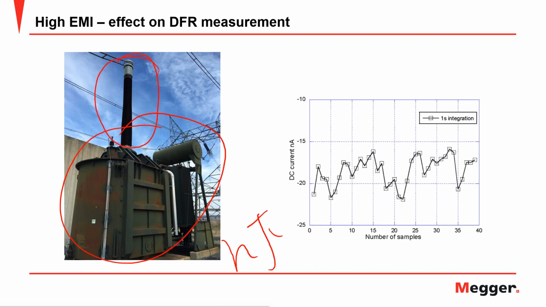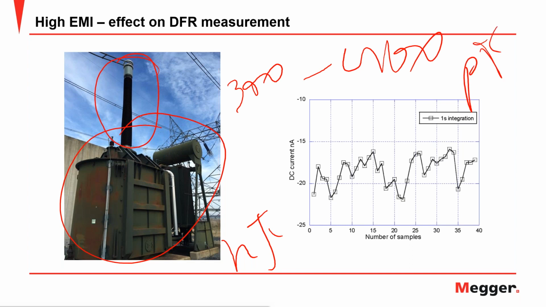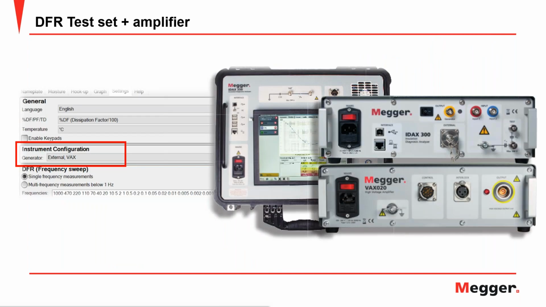But if you're looking at the bushing, you're looking into hundreds of picofarads, maybe 300, 400 picofarads for your bushing. So that makes a big difference because you're looking into measurement of current. What do we do in this case? We use an amplifier. And what we typically will do is the Idax unit will do the test at 140 volts RMS, but the amplifier will multiply that 10 times.